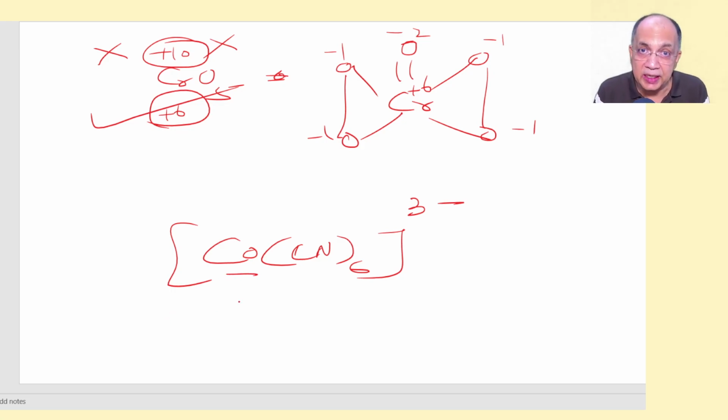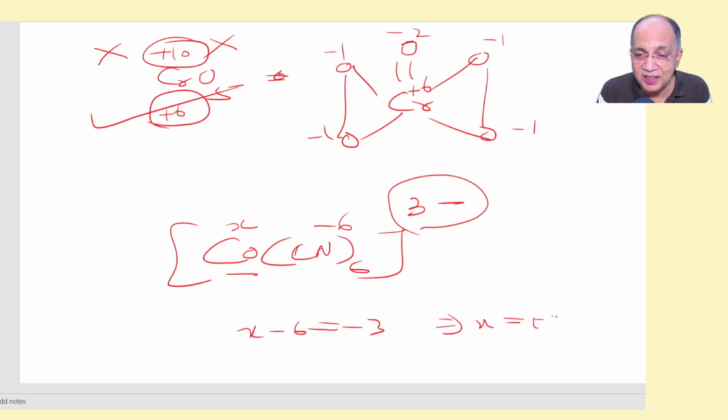Now in this case, this is a complex ion having a metal ion, and these are called ligands. And there is a covalent bond between the metal ion and these ligands. Cyanide is an ion, so cyanide ion has minus 1 charge, and for 6, minus 6. And if it is X, so X minus 6 is equal to the net charge, minus 3. So X is equal to plus 3. So cobalt is in the plus 3 state.